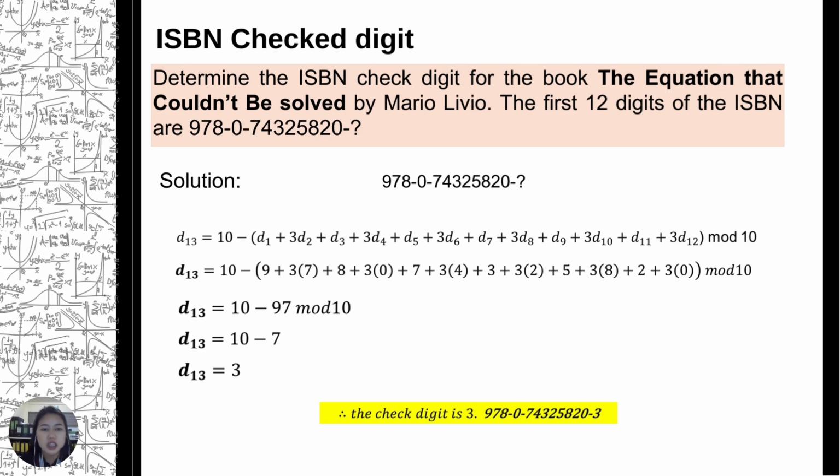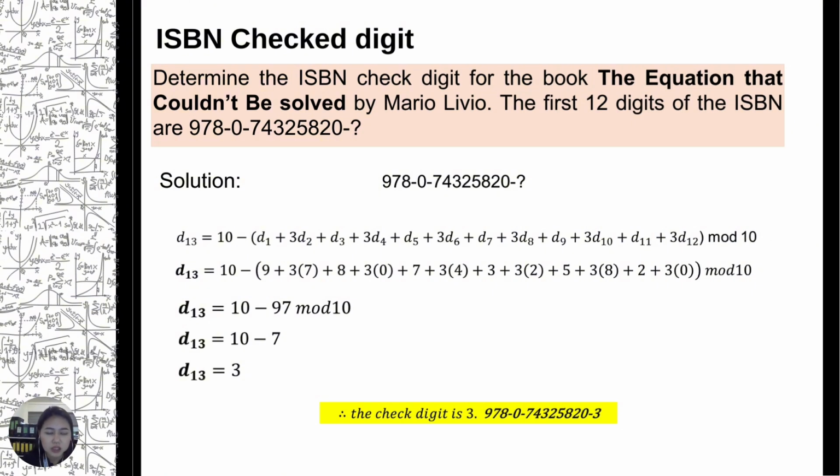As you can see in our formula, 3 is designated alternately as the coefficient of D from D sub 1 to D sub 12. D sub 1 is not multiplied by 3, and then D sub 2 has 3, and so on and so forth until D sub 12.